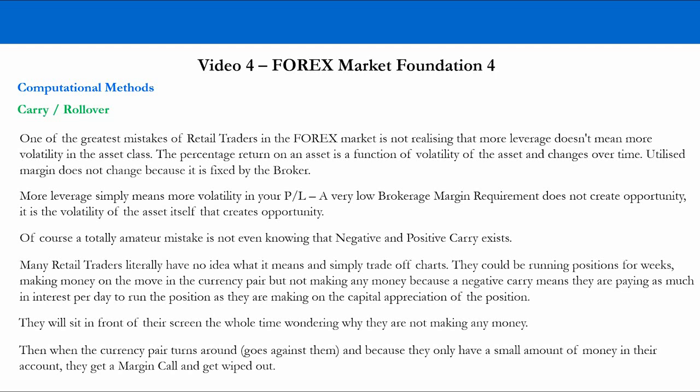And of course, a totally amateur mistake is just not knowing whether a negative or positive carry exists. And a lot of retail traders get wiped out and are in this 90-90-90 because they literally have no idea what it means. And they don't even know where to check, how to check it, what it means.